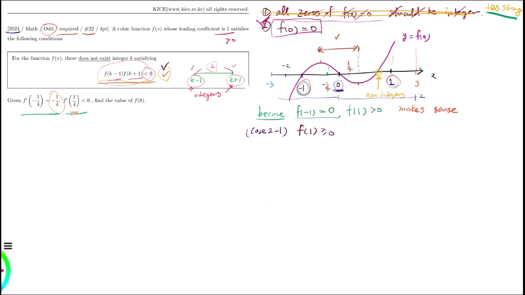Then we have two cases: when we have a positive f of 1, or when we have 0 for f of 1 here. So the first case is 0 for f of 1, and the second case is positive f of 1 here.